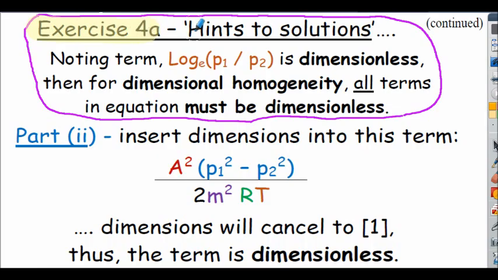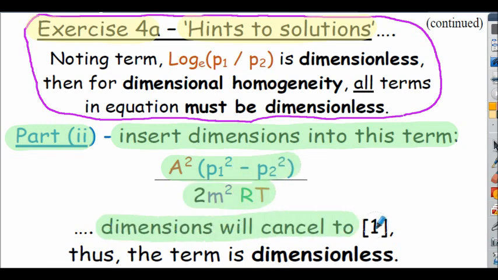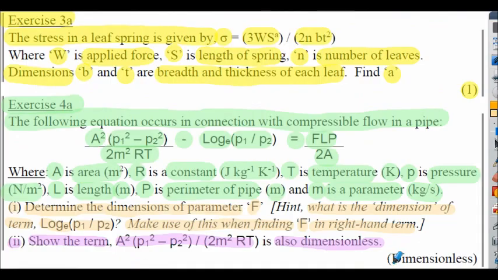Exercise 4a continued. Further hints related to the solutions. This is for part 2. We have to insert dimensions into this term, shown here. The dimensions will cancel to a value of 1, thus the term is dimensionless. The answer for part 1 is shown here.